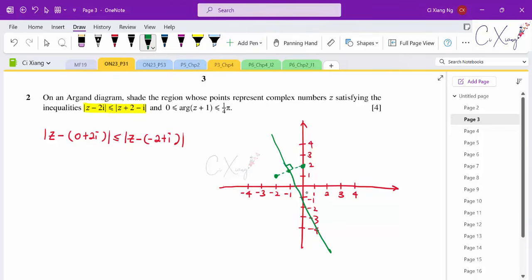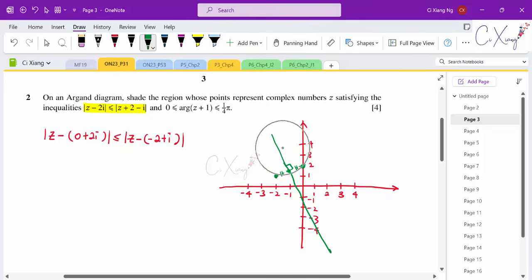I just used some tools to help me make the line as close to 90 degrees as possible, then drew it straight away. Then I will label this as 90 degrees so that the examiner knows that this line is a perpendicular line. If I draw this, it means it is a perpendicular bisector line between these 2 points.